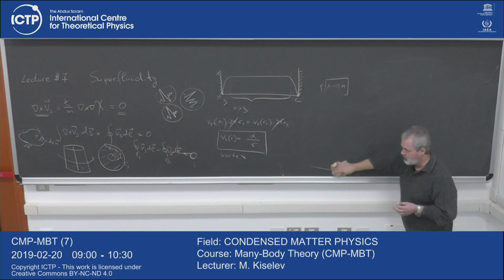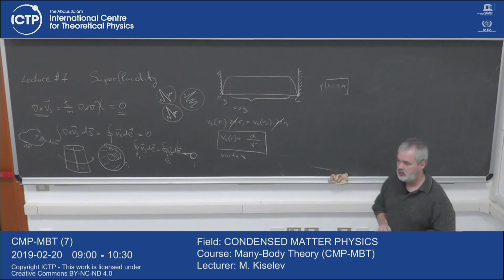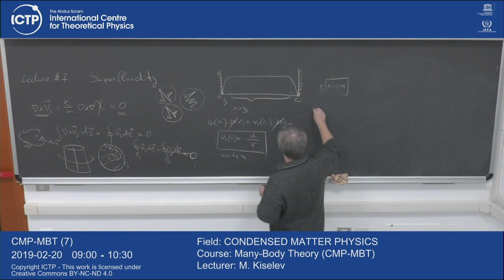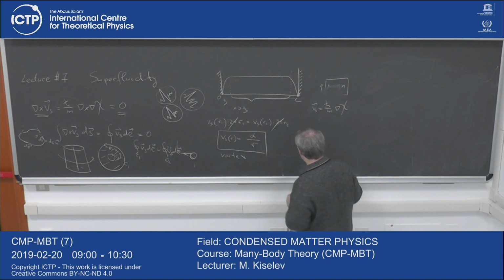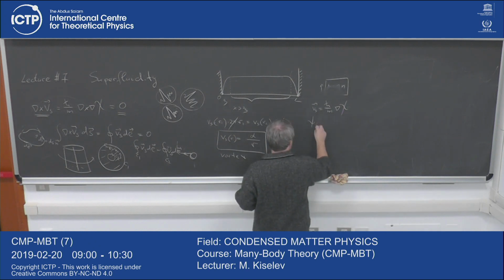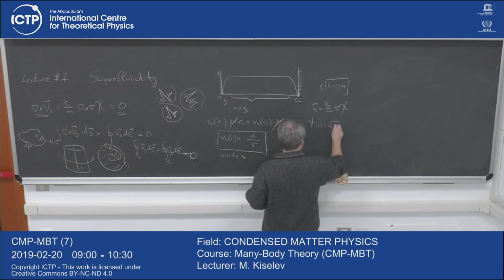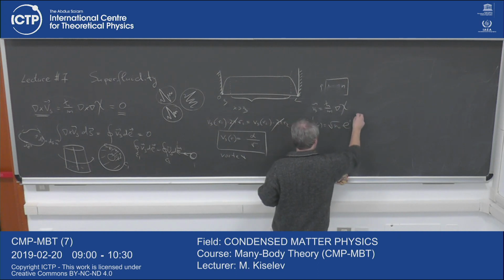Let's write the gradient. So we say that Vs is h over m gradient of chi, and psi is the square root of n node times e to the i chi.